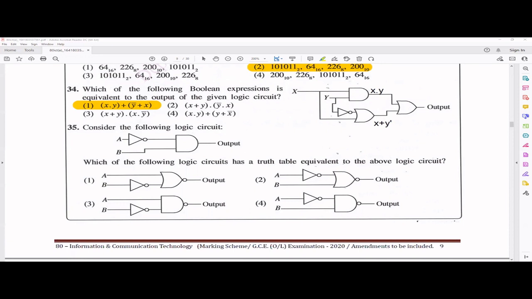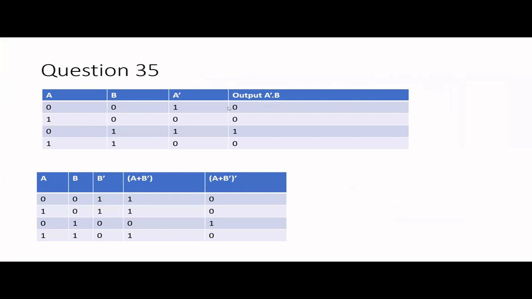You can directly do it, but I will show you with the detailed explanation. So you have A, B. Fill this: 0, 0, 0, 1, 1, 0, 1, 1.